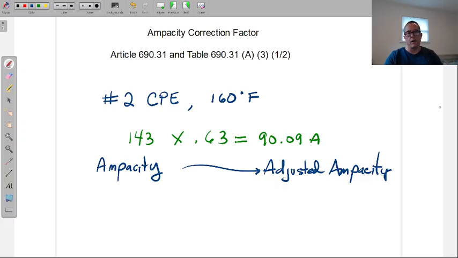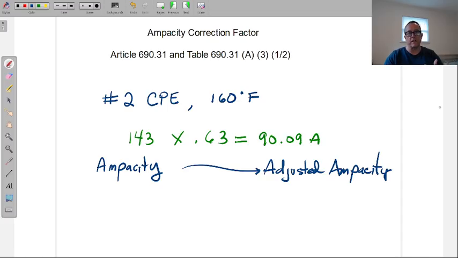Now, here's the other way this question gets asked: what if I still need to cover 143 amps? I wanted the number 2 CPE because it can handle 143 amps. But reality is this wire is going to be sitting in 160 degrees Fahrenheit, and this could be outside, on a rooftop, in the conduit.